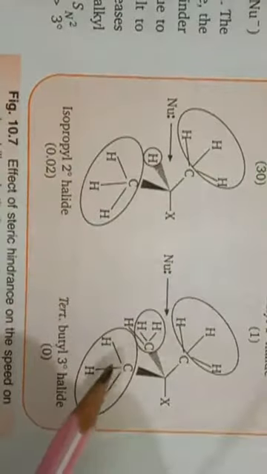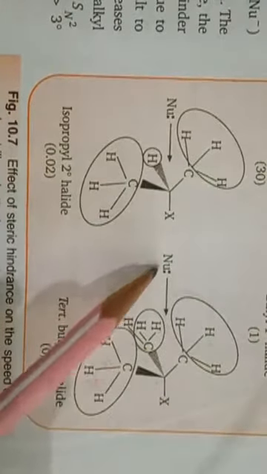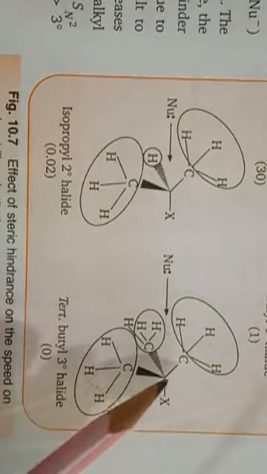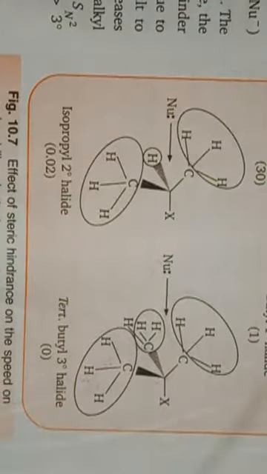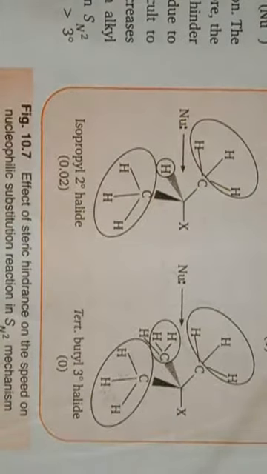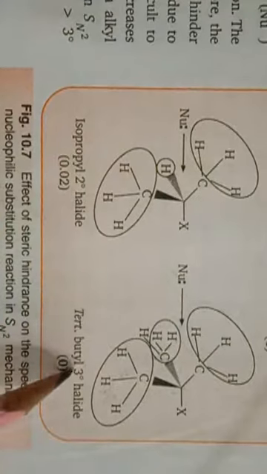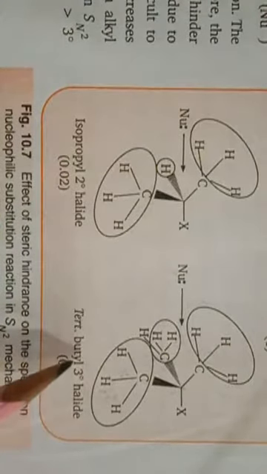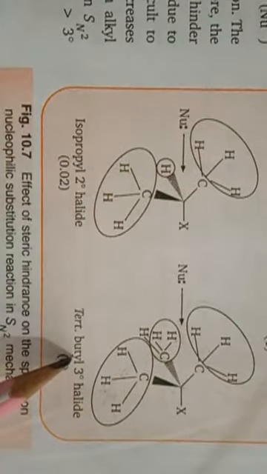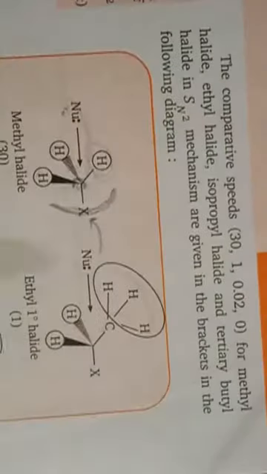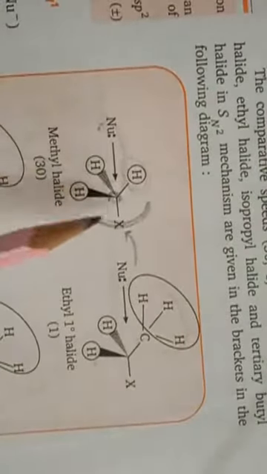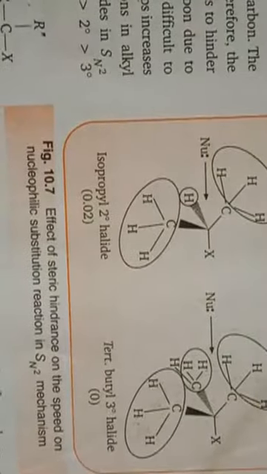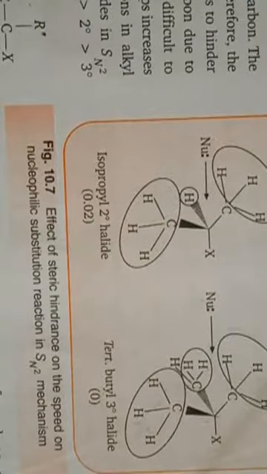So due to the steric hindrance, the nucleophile will not be able to attack on this carbon site. Okay children, so you can say that tertiary alkyl halides will be least reactive for Sn2 mechanism, whereas primary or methyl halide will be most reactive, and the opposite will be in the case of Sn1 mechanism.